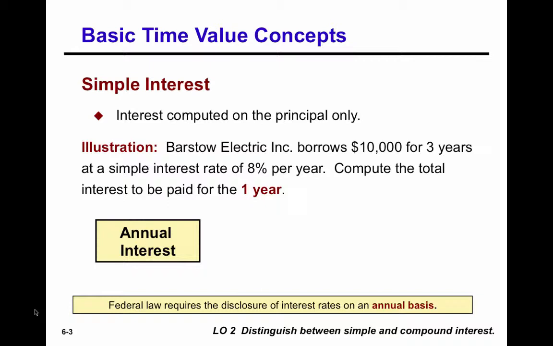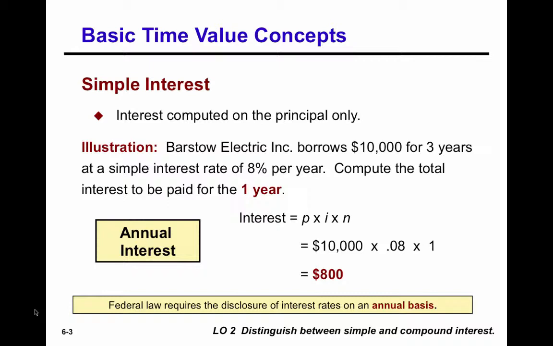Anyway, we talk about two different kinds of interest, simple interest and compound. In the simple interest case, interest is calculated, and by the way, interest rates are always stated on an annual basis. Interest is calculated using the formula that I mentioned, principal times rate times time, here where I refers to the rate.